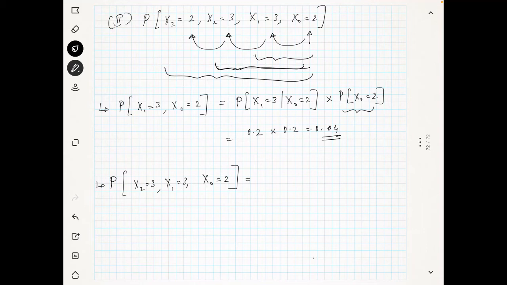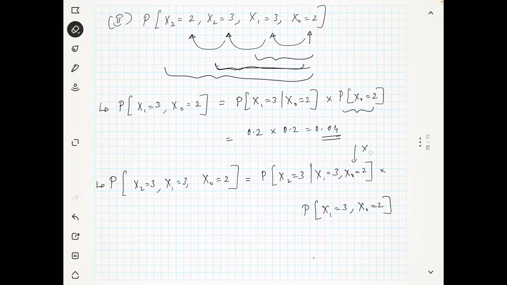So I can write this as the probability that x2 is equal to 3 given that x1 is equal to 3, x0 is equal to 2, times the probability that x1 is equal to 3, x0 is equal to 2. But you know that this is a Markov process, so I can omit this part.